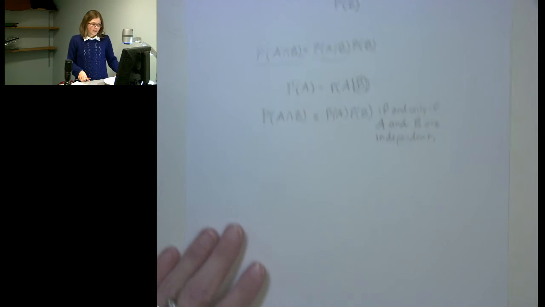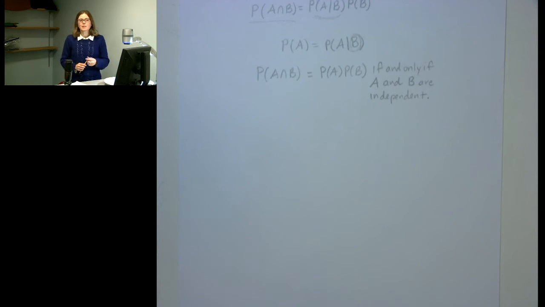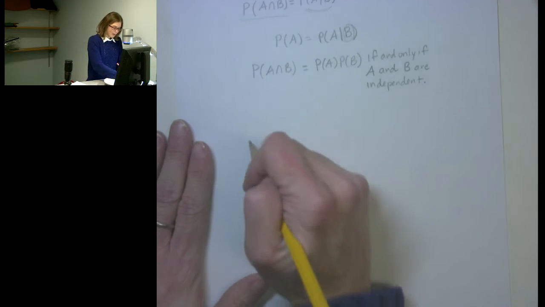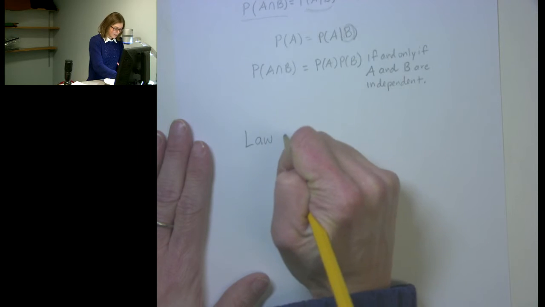Okay, the other thing I want to draw attention to, because I think the book does not draw much attention to it, is something called the law of total probability. It's kind of buried in the book, but the law of total probability is extremely useful.